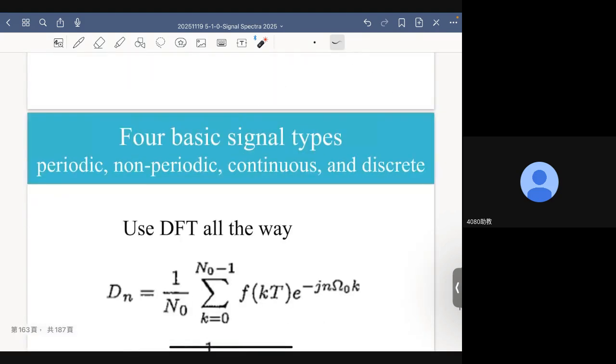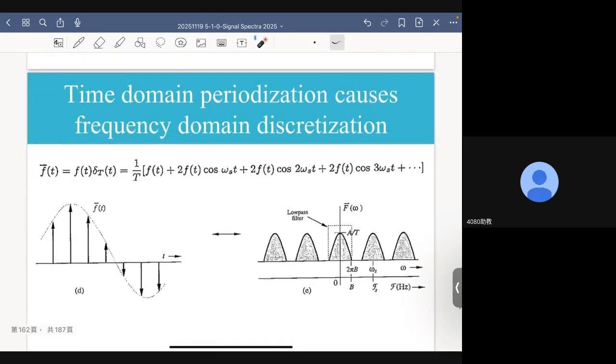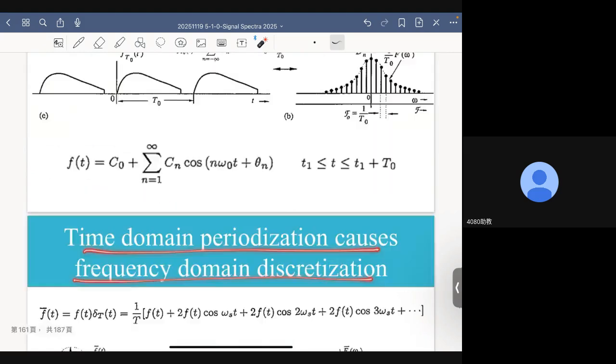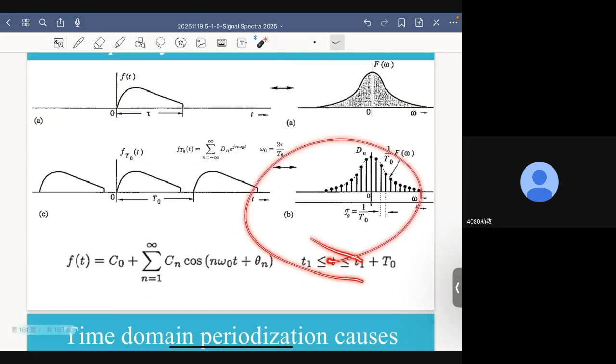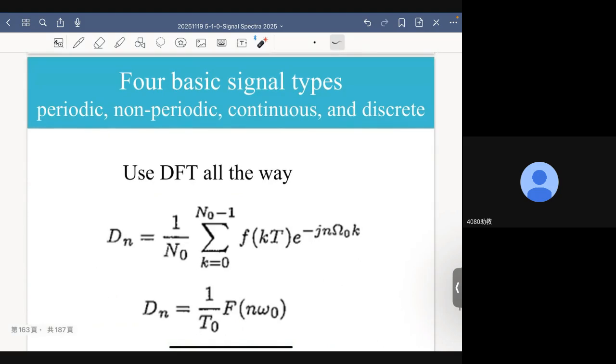So this statement is important: time domain periodicalization causes frequency domain discretization. This is what happened here. Signals can be divided into 4 categories: periodical, non-periodical, continuous, and discrete.